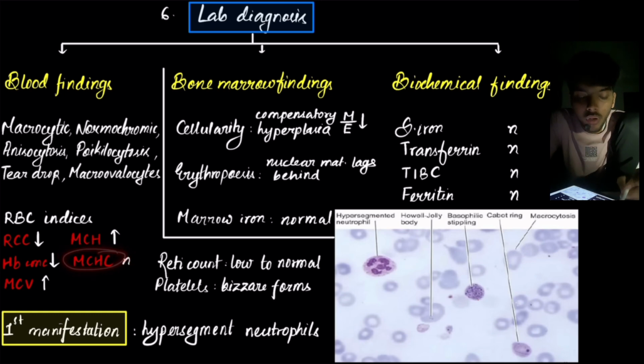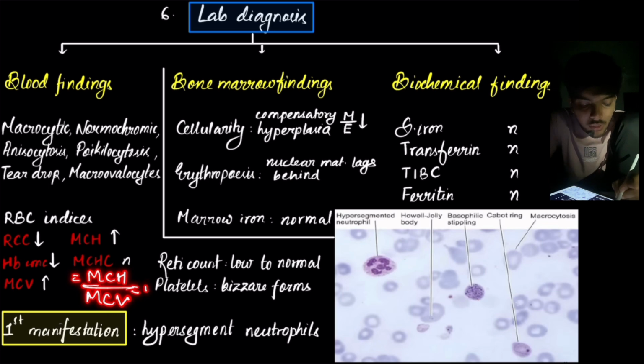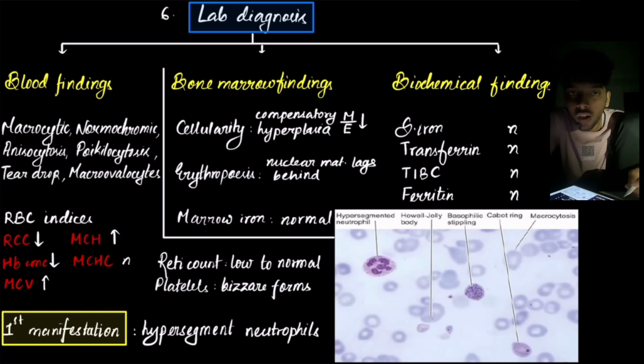See, mean corpuscular hemoglobin concentration is equal to mean corpuscular hemoglobin divided by mean corpuscular volume. So for the ratio to be normal, if there is an increase in MCV, there obviously has to be an increase in MCH. Simple maths. Again, look at the part of the video containing RBC indices carefully for you to understand all of these points.